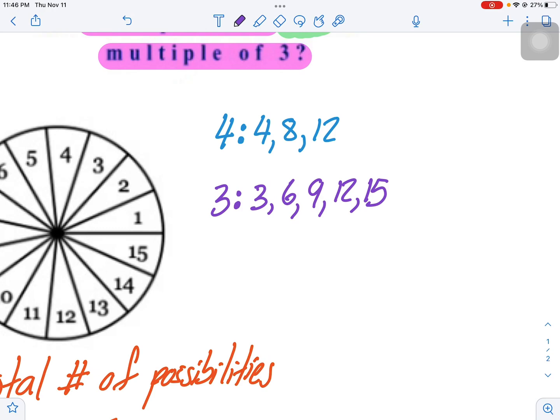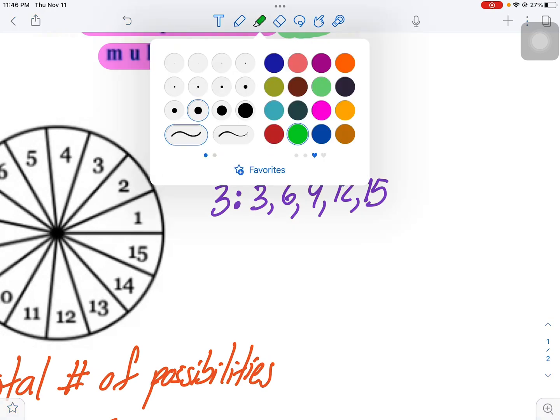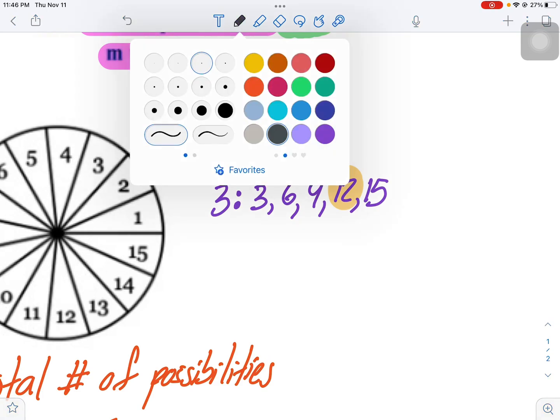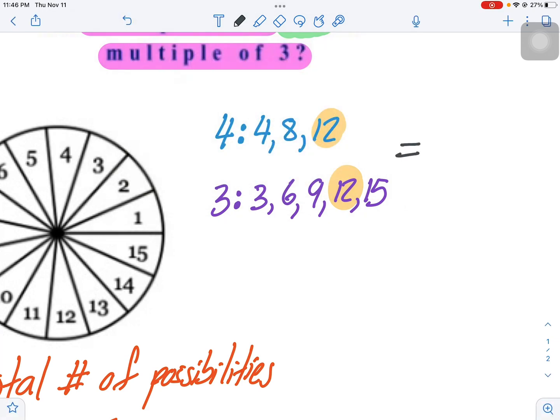So 12 is a multiple of both 4 and 3. All right. Let's say 3, I don't find 3 here. 6, nope. 9, nope. 15, no. So the only possibility that I have is 12.